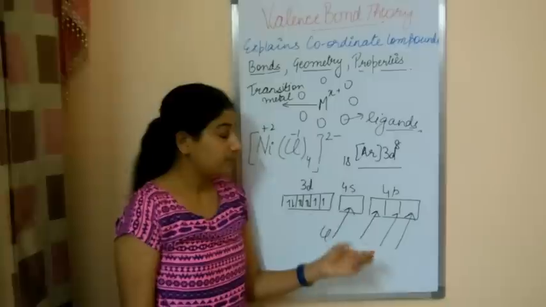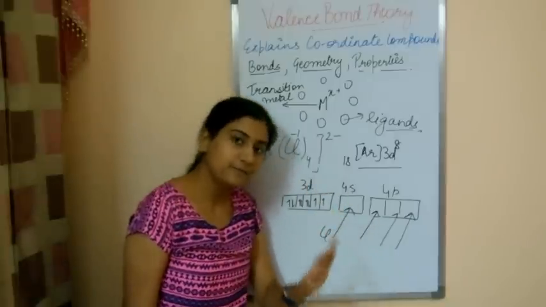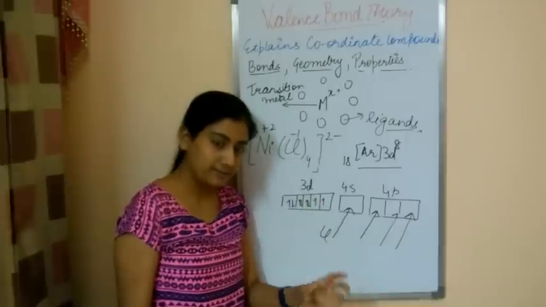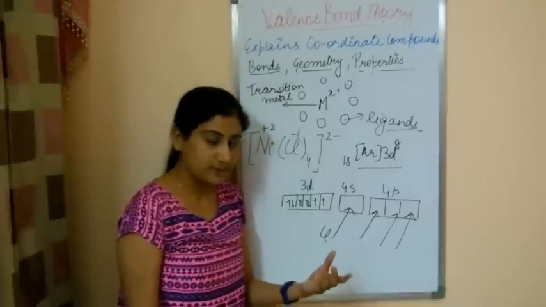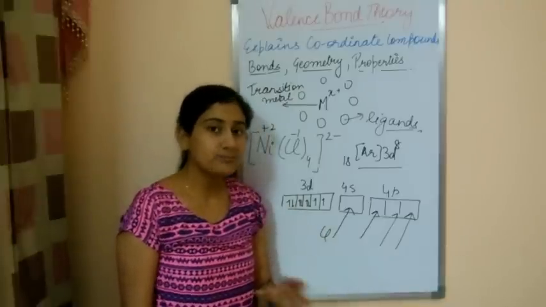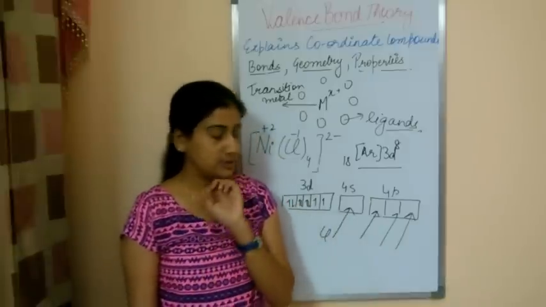the hybridization concept. Now we know that in hybridization, different orbitals of an atom mix together and form a new set of orbitals which are of the same shape and size but are in fixed orientations.